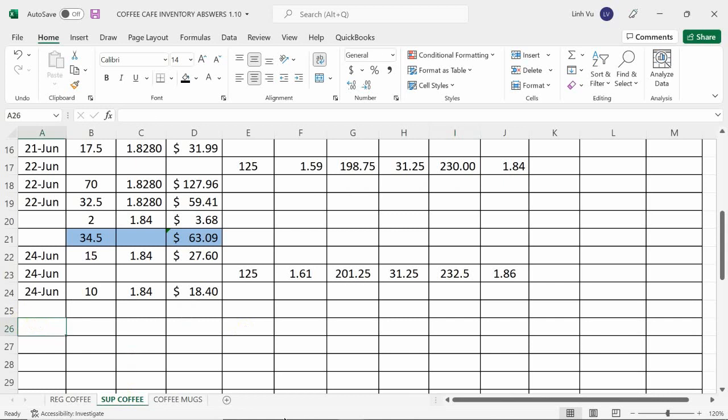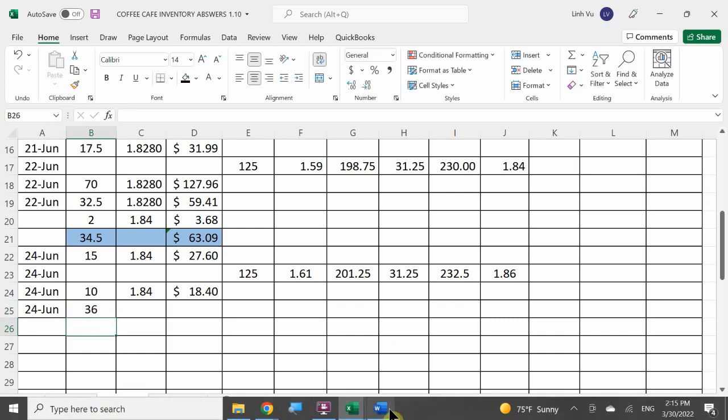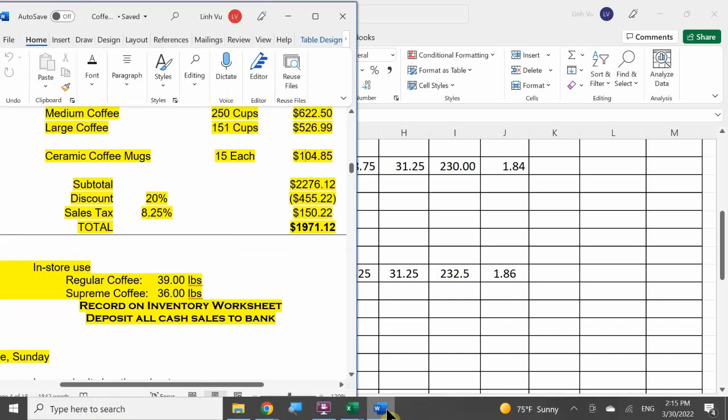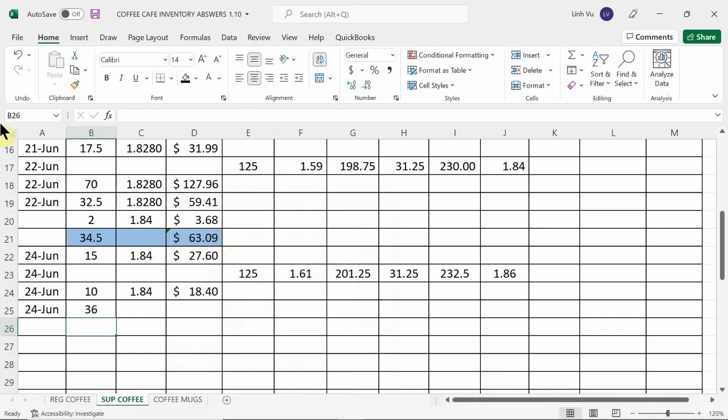Okay, so in this case, Supreme coffee, 24th, right? We end up using 36 pounds, right? Let's double check that. We end up using 36 pounds of the Supreme coffee.